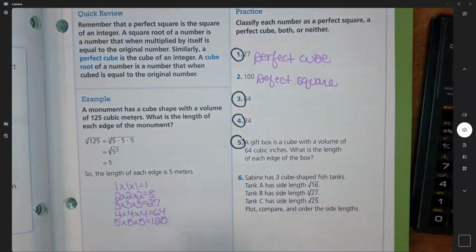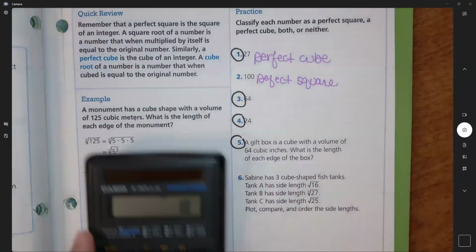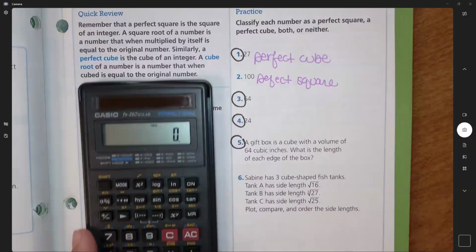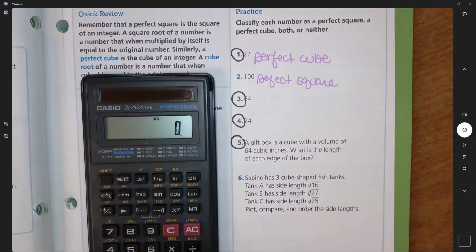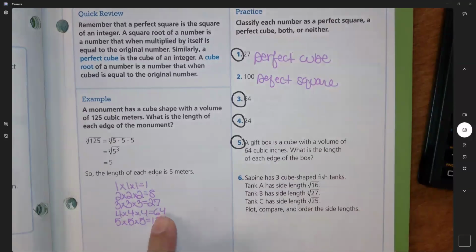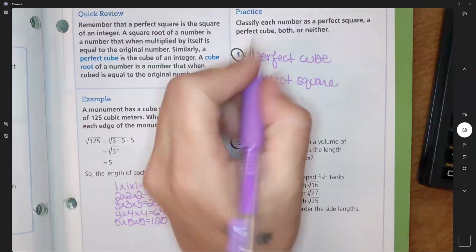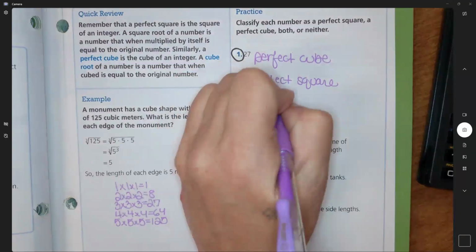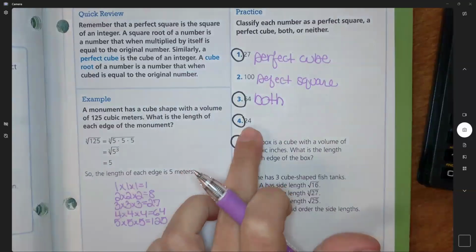64. I kind of wrote through that one, sorry. Is it a perfect square? Spoiler alert, I gave you this answer another time. You should know that it is, but just in case. Hey, it's a perfect square. Is it on our perfect cube chart too? Oh, there it is. So this one is both. 24.